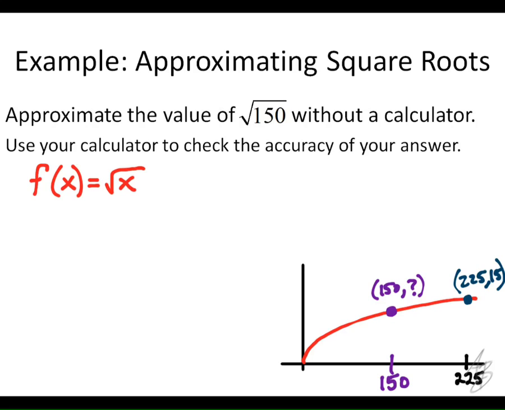Okay, so we know the square root of 144 is 12. That's a really good start. So 144 is going to be really close to that, and we know the value of that is going to be 12. Which means the square root of 50 is going to be a little bit bigger than 12, right? Well, let's be a little bit more accurate, though. We don't want to be just a little bit bigger, but we want to know how much bigger.